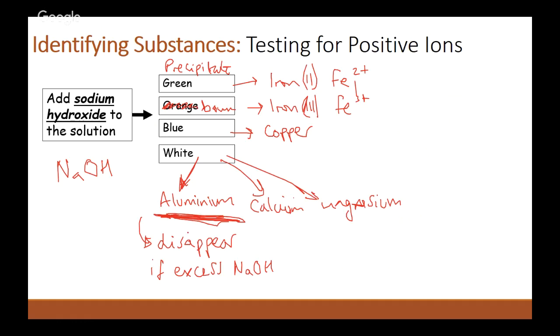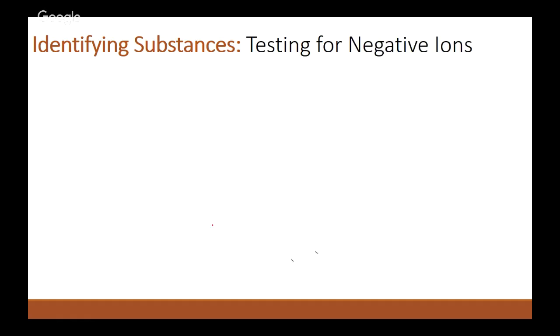A couple more tests then that we need to know about. Testing for halides, which are the ions from the halogens form. If you remember back, we were talking about group 7 and the halogens. They form halide ions. So the test for halides is to add silver nitrate solution and dilute nitric acid.